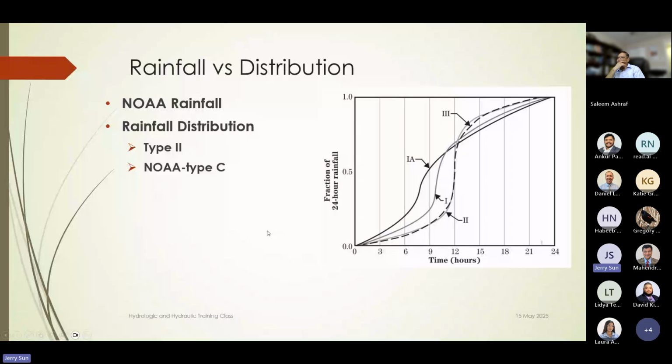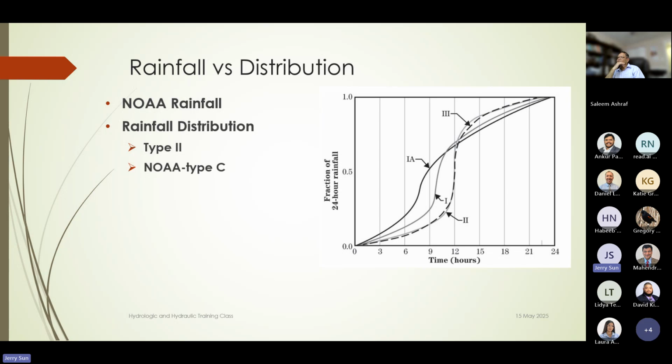That area is basically called a type 2. This curve is the 24 hours like this. So we use the type 2, but in Maryland, I think this is just the NOAA type C. Maryland has a study based on the NOAA distributions.